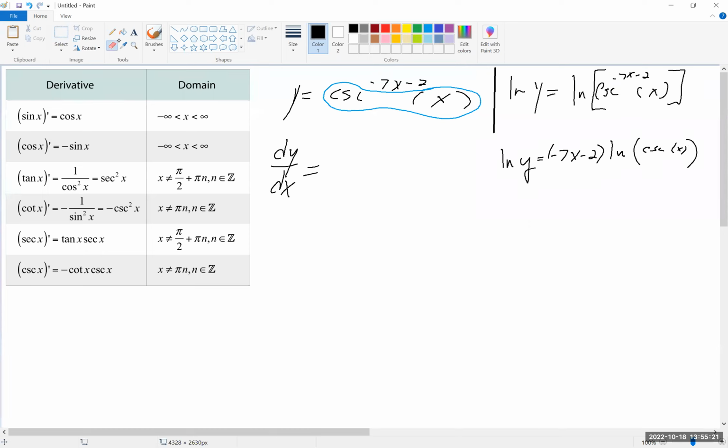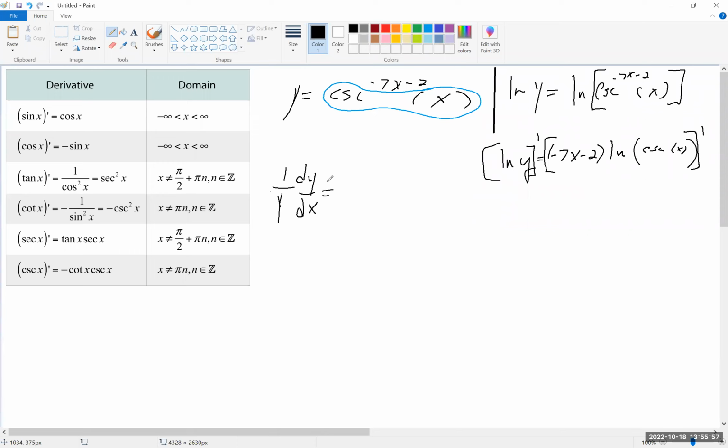Taking a step back, that's not where we're going to work off of, because I need to take the derivative of this and then the derivative of that. So the derivative of the left is 1 over y times dy/dx.